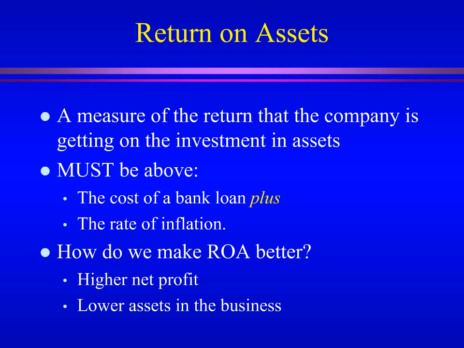So if I've got a 10% return on assets and the bank's only charging me 7%, I'm doing well. It also needs to be higher than the rate of inflation. So if inflation is 2% and the bank loan is 7%, that adds up to 9%. So we really need to be doing better than 9%. Again, 10% is good, but 15 or 20% is even better.